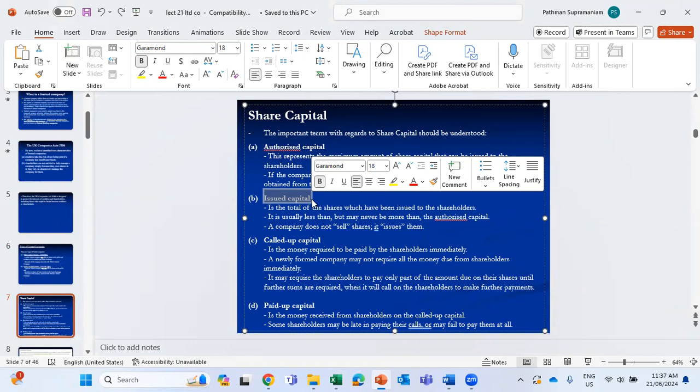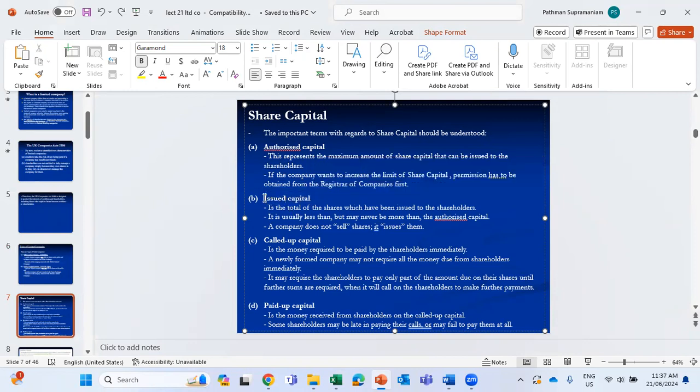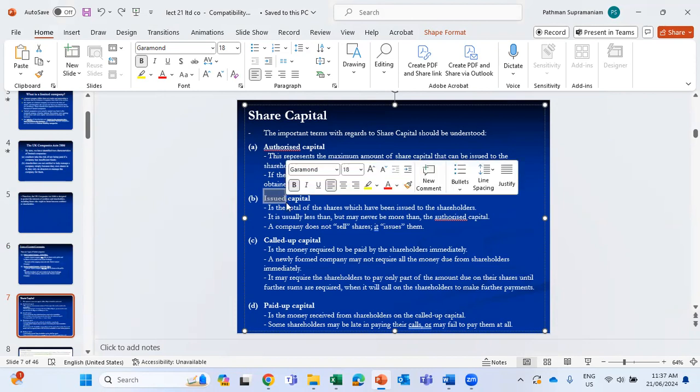In SPM, you used to call it diterbitkan, issued. Okay, all right. So why they use the word issued? Because remember I told you just now, when shareholders put in money to get the capital, the company needs to issue them a share certificate.